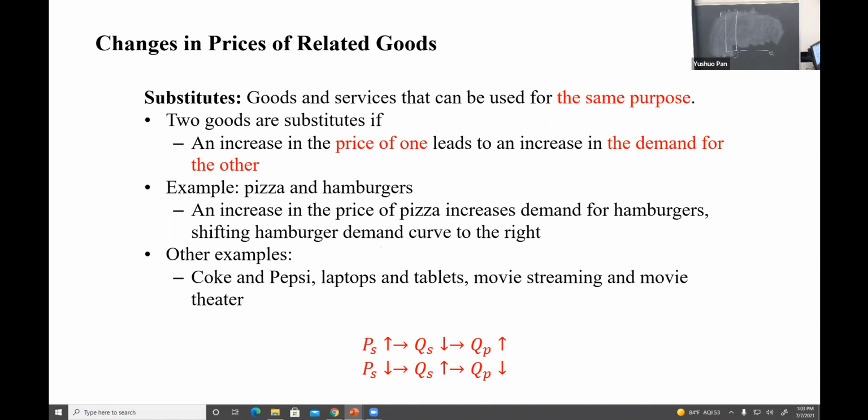And the demand for hamburgers should go up. Since I buy one good fewer, then I'm going to buy the substitute more. So that's the example here. And other examples of substitute goods could be Coke, Pepsi, laptops, tablets, movie streaming, and movie theaters. You can also imagine other substitute goods as well.